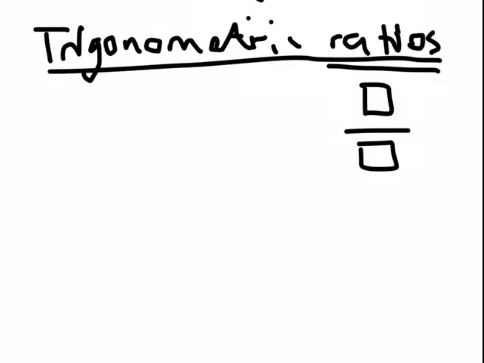Since we are talking about a right-angled triangle, the only thing that we can talk about is taking a side and dividing it by another side. Since a triangle has three sides, we can therefore have three ratios that we can talk about.